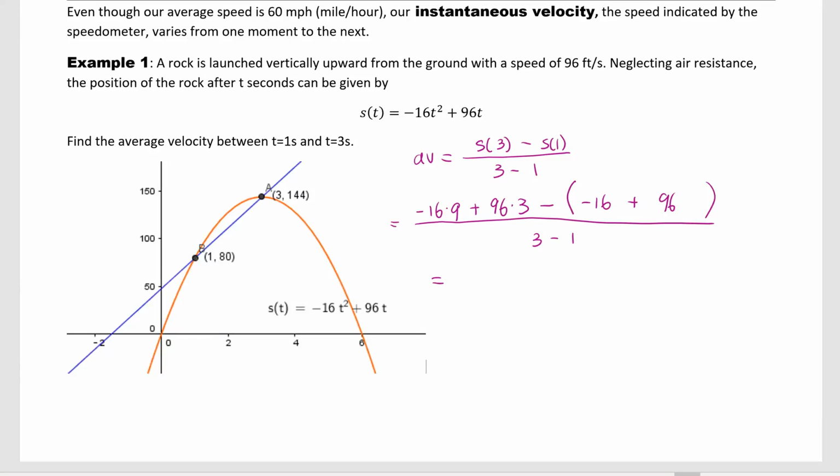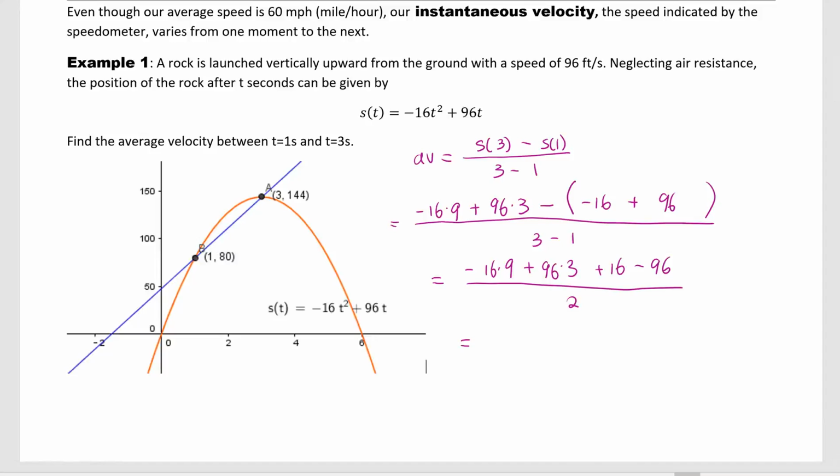So we get minus 16 times 9 plus 96 times 3. When we get rid of the parentheses, we become plus 16 minus 96, right? 3 minus 1 is 2. So what do we get?